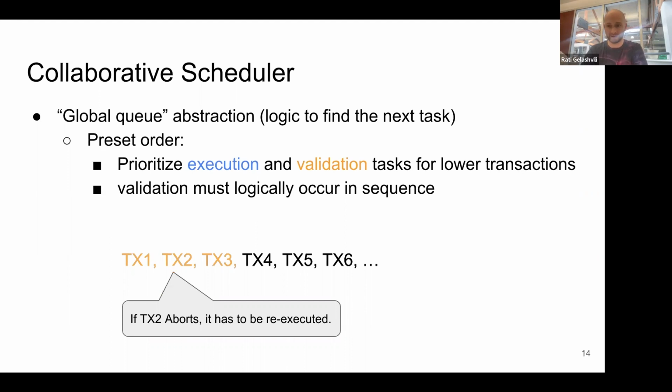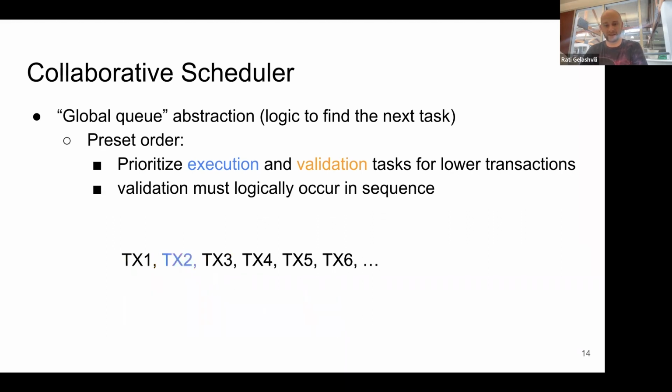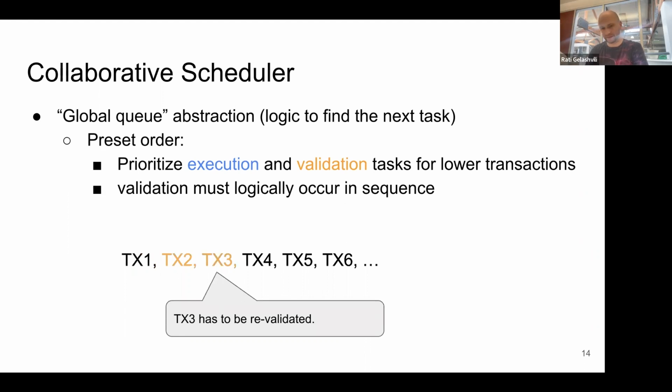I should have read that, and my behavior could have completely changed. Because of this, the system has to re-execute transaction 2. But this has a side effect: transaction 3 needs to get revalidated. Even if it passed validation before, transaction 2 can now get re-executed and overwrite something that you previously validated. So now you again have to revalidate transaction 3.